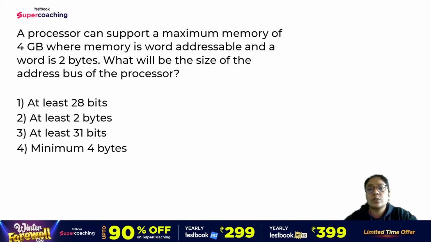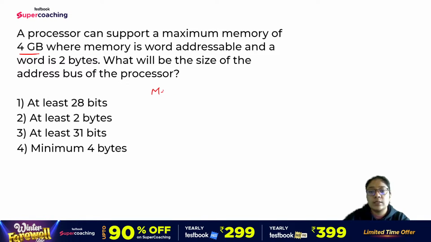All right, next one. Here you are supposed to return the size of the address bus of the processor. Here it is saying that a processor can support a maximum memory of 4 GB. यानी कि जो processor है वो total memory कितनी support करे?